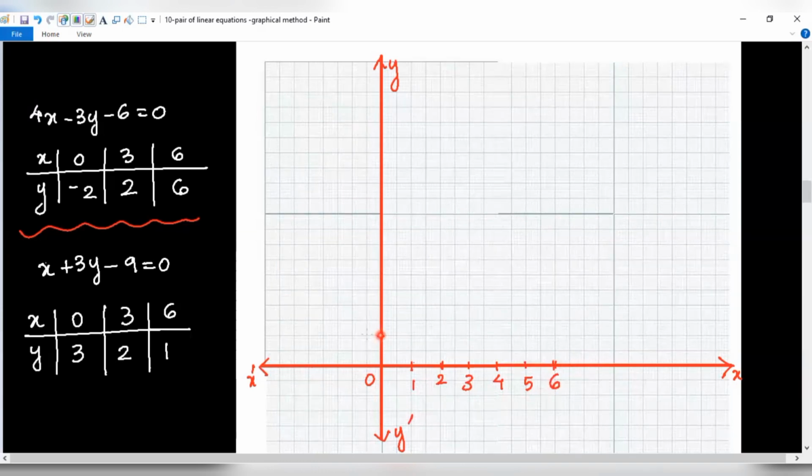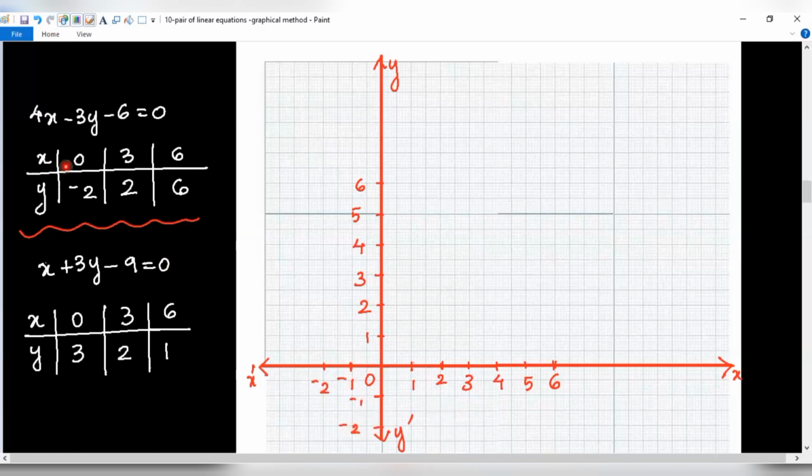Then here also 1, 2, 3, 4, 5, 6, like that. Here this is -1. This is -2, like that. Here it is -1, and this is -2, like that.